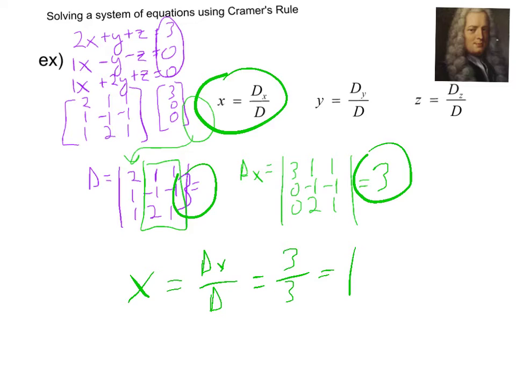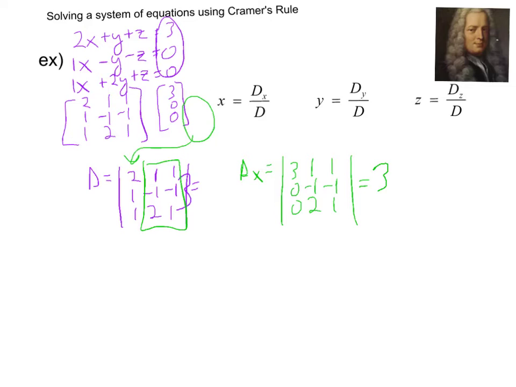We're going to repeat the process for y and z. All right, let's try to clean this up a little bit, and then we'll deal with finding the y and the z. So let me, hang on a second, let me do this. Okay, and this.